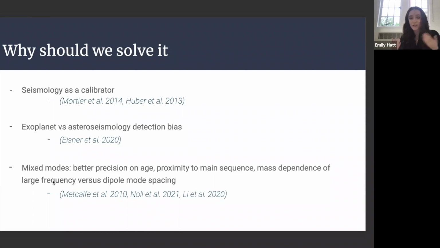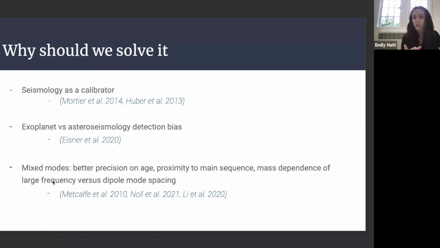Finally, we can come at this from an entirely selfish stellar physicist point of view and consider the unique opportunity to study mixed modes, which start to be exhibited in the spectra of subgiant stars. So I will mention in a minute a work that was done in 2021, and there's a good vibration seminar on this from the first semester that goes more in depth on subgiants, but I'll just do a quick overview.